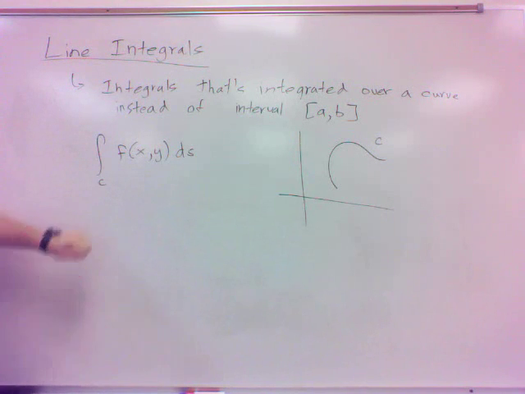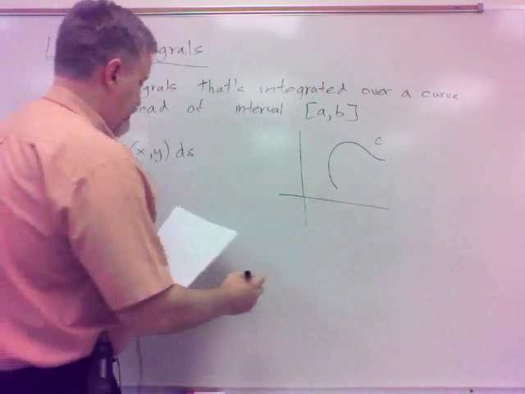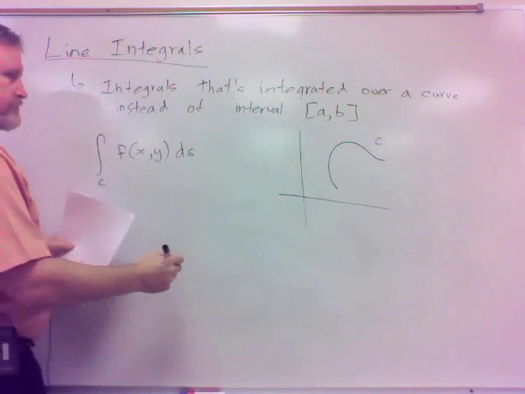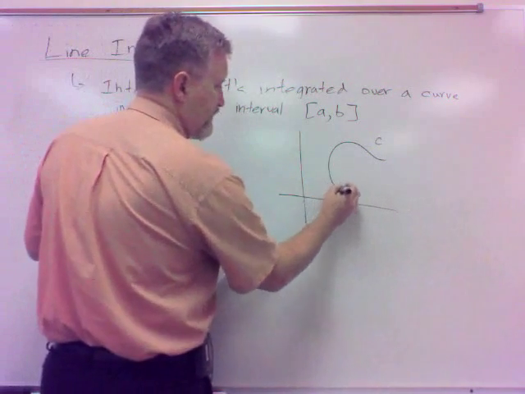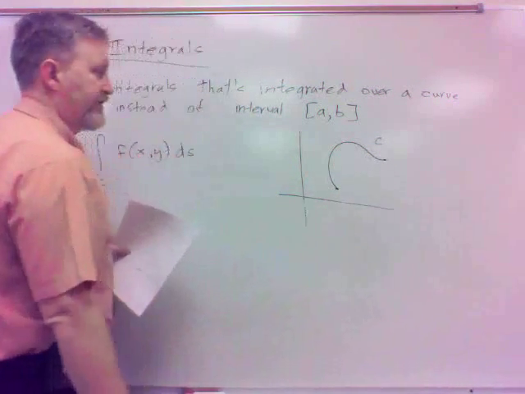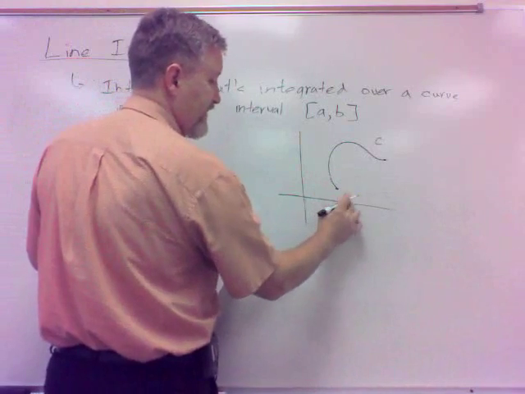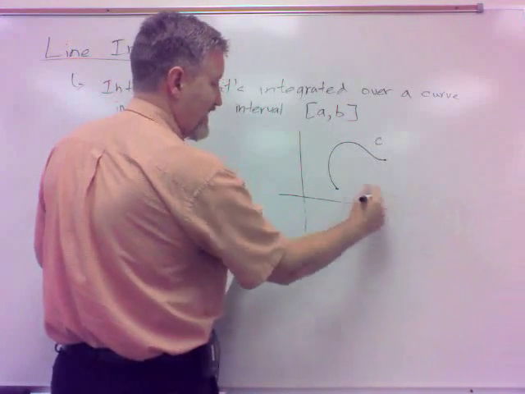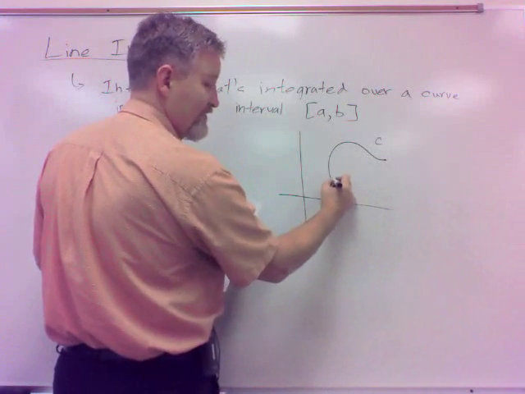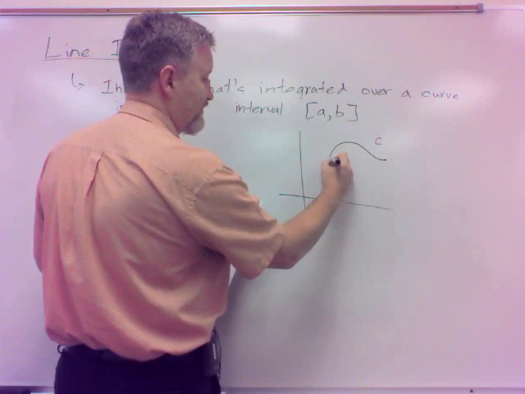Okay? Now, the reason ds, if you recall, s was kind of what we used for arc length. And so that's how we're going to handle this. Because as we go from this point to this point, we're not taking increments with respect to the x-axis now. We're taking increments with respect to this curve here.